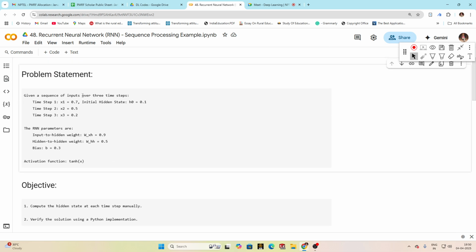We are given a sequence of input over 3 time steps: x1, x2, and x3, and the initial hidden state h0 is 0.1.